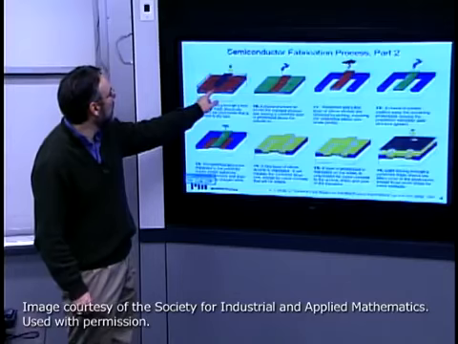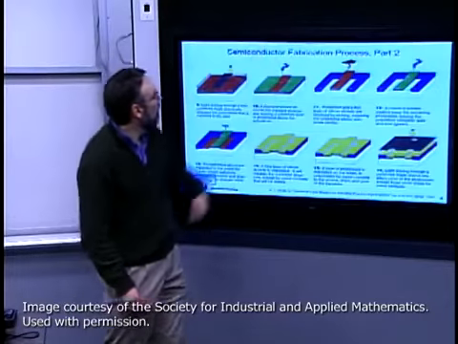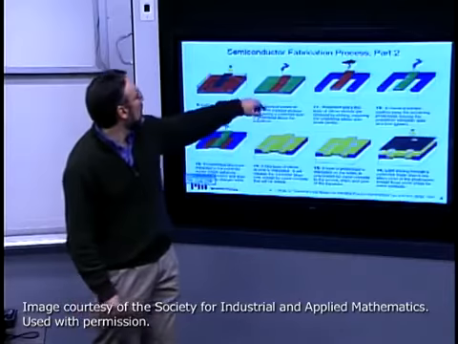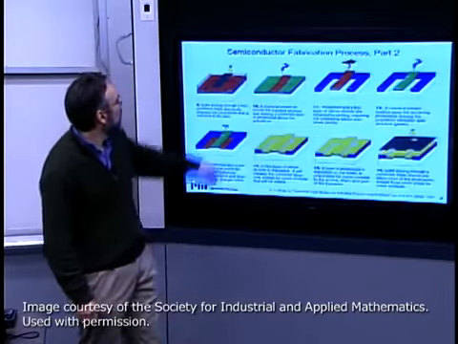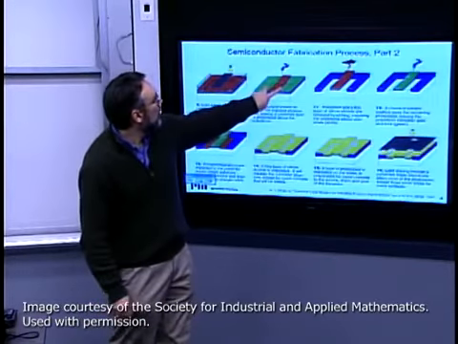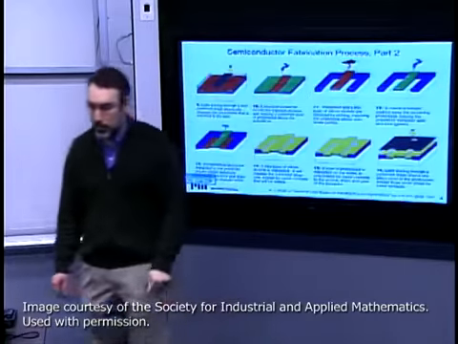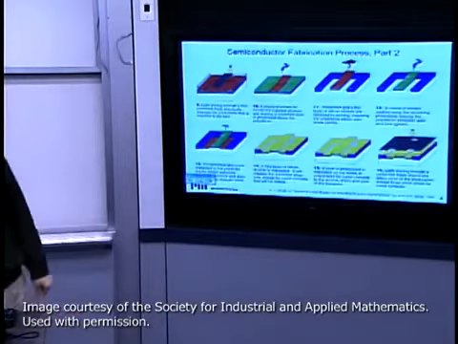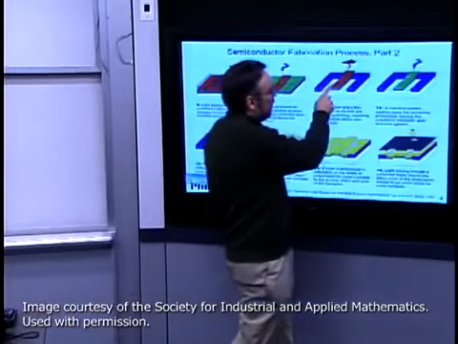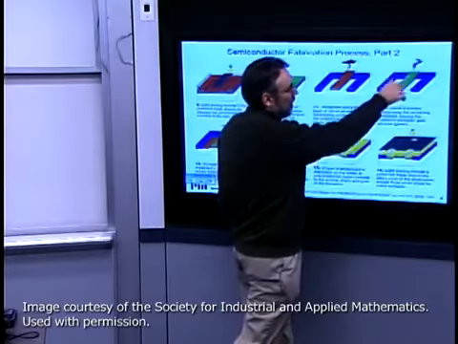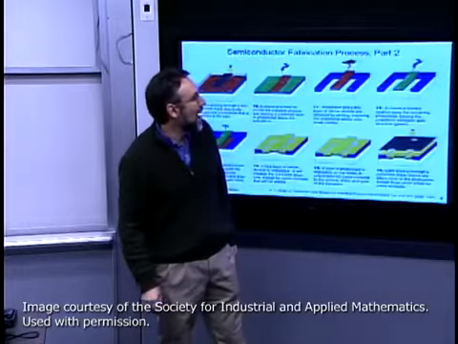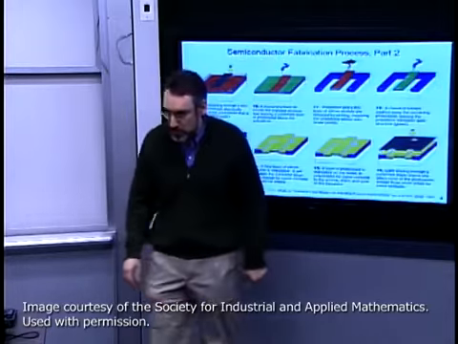So we're blocking this structure. We develop and dissolve away the exposed photoresist, and then we're doing a plasma etch again to form the gate electrode, and then remove or ash away the photoresist.